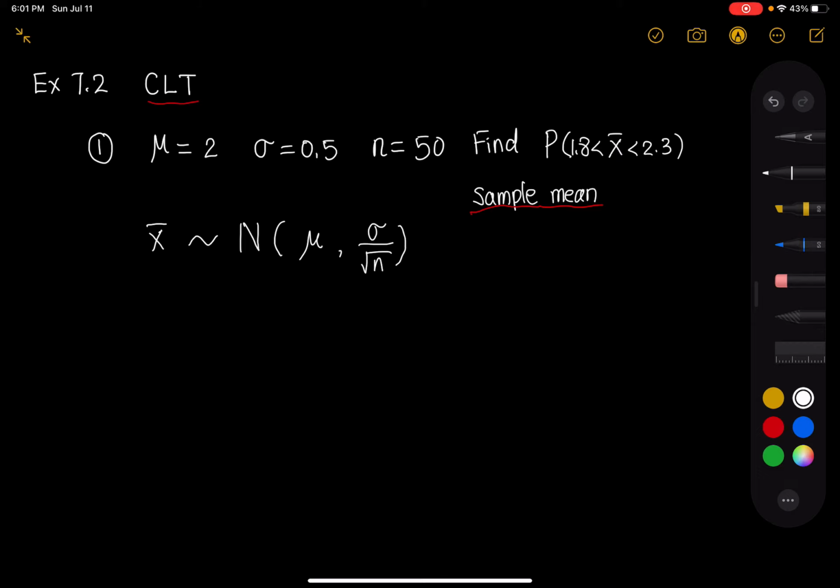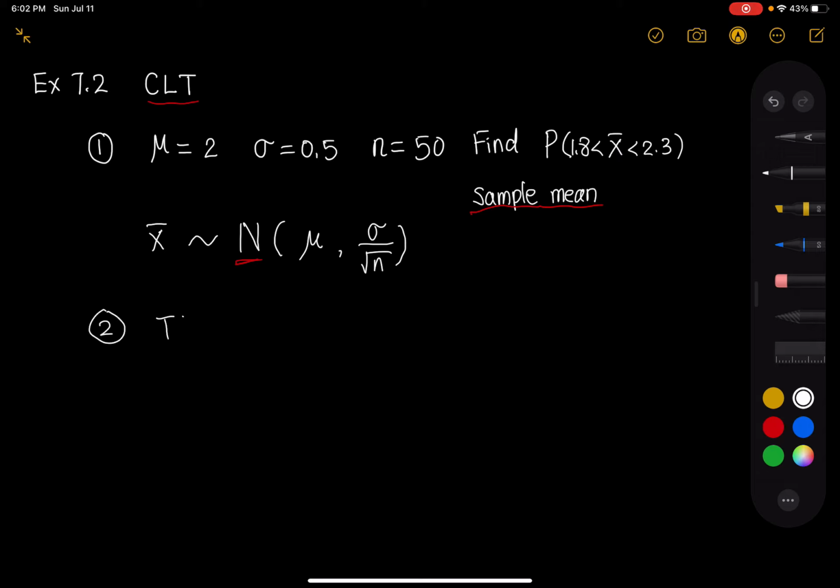So that is essentially what the central limit theorem tells us. So understanding this, we will apply our technique for finding probability using a normal distribution, right? So in the second step, you have two routes.